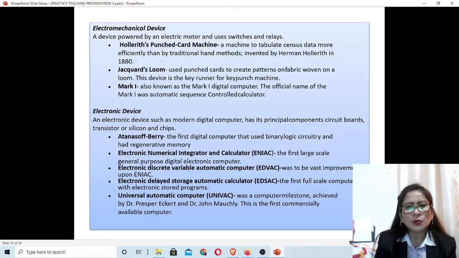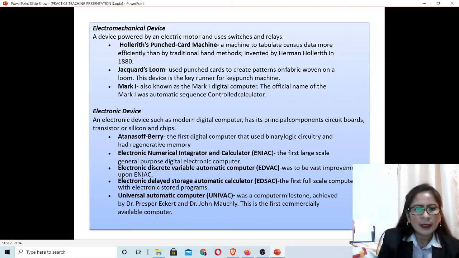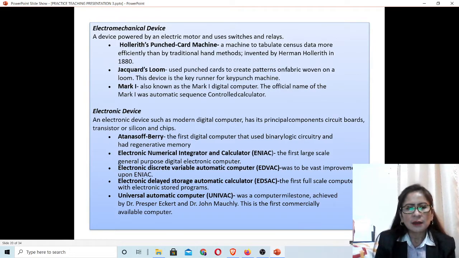A machine to tabulate census data more efficiently than by traditional hand methods, invented by Herman Hollerith in 1880. Jacquard's loom used punch cards to create patterns of fabric woven on a loom. This device is the forerunner of the keypunch machine.